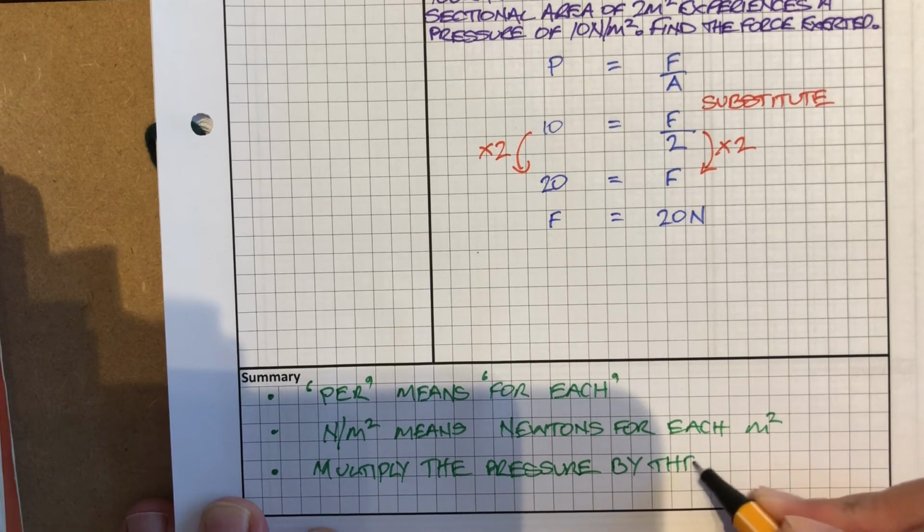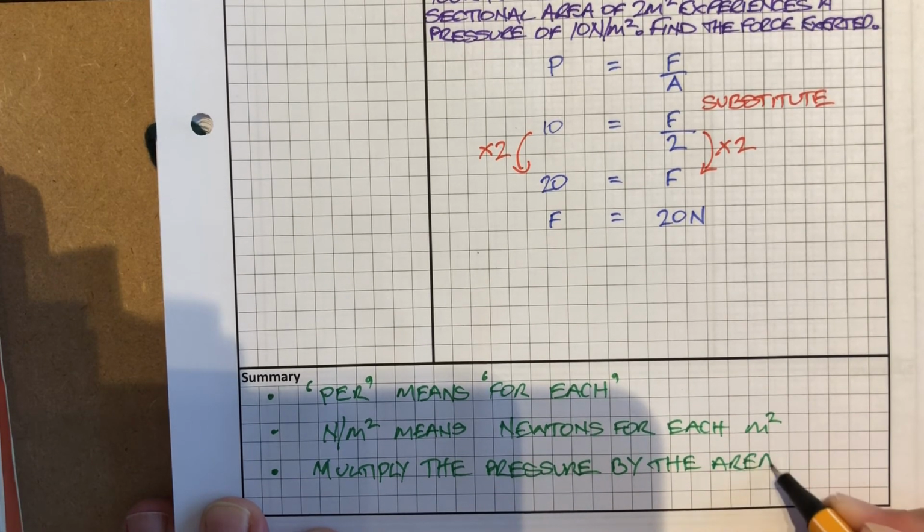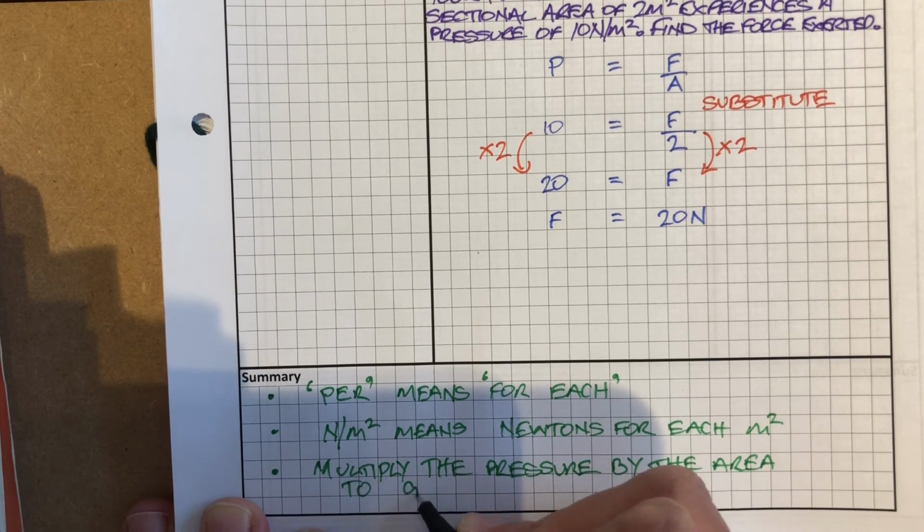So multiply the pressure by the area to get the force.